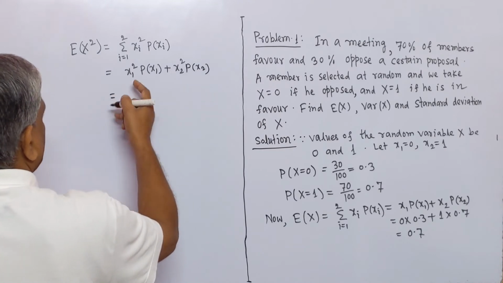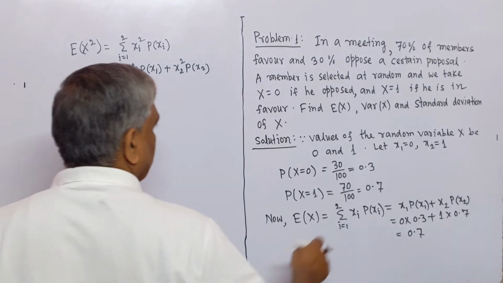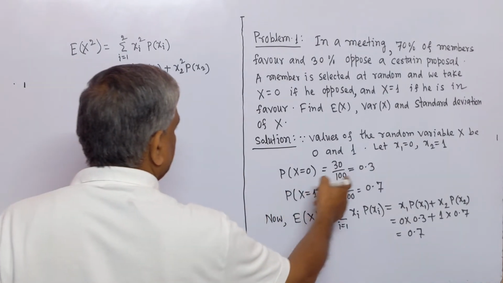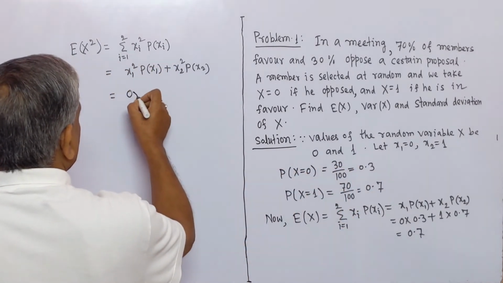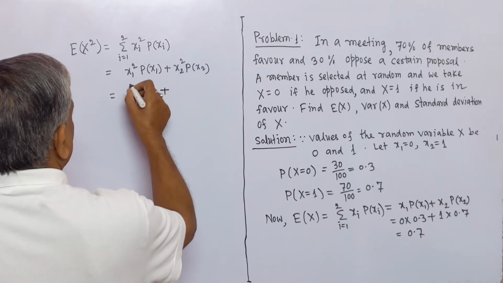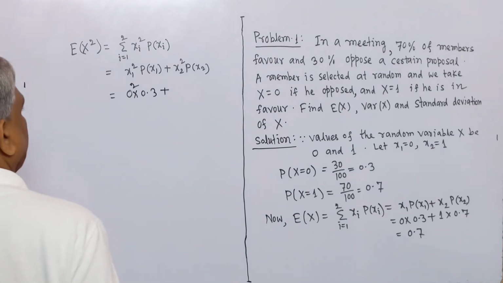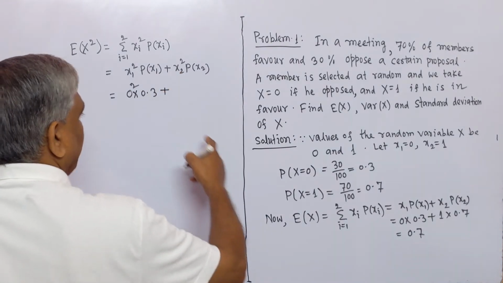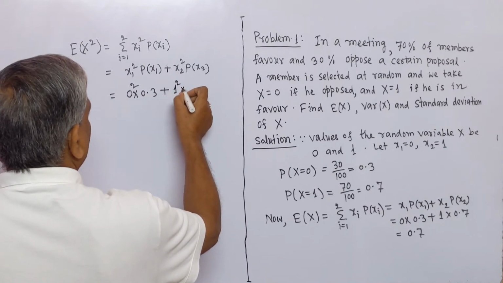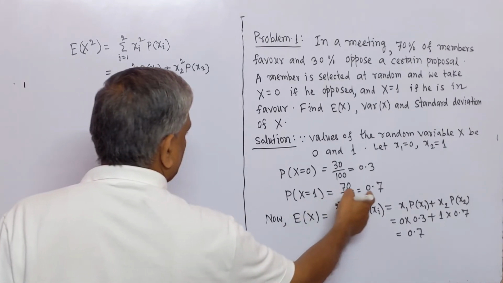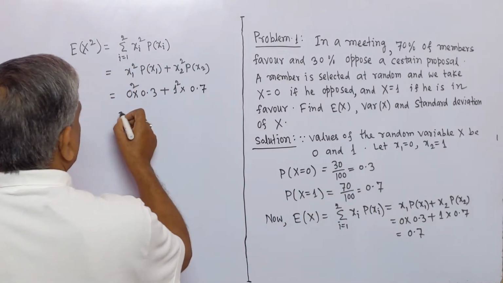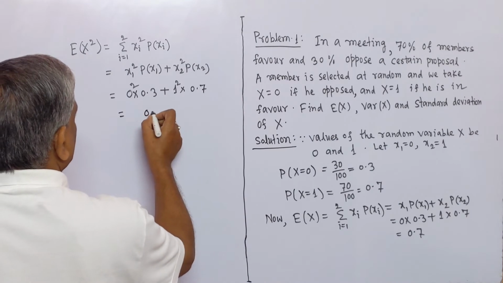Here x1 means 0 and its probability is 0.3, 0 square, and x2 is 1, that means 1 square, p(x2) is 0.7, and this is also equal to 0.7.